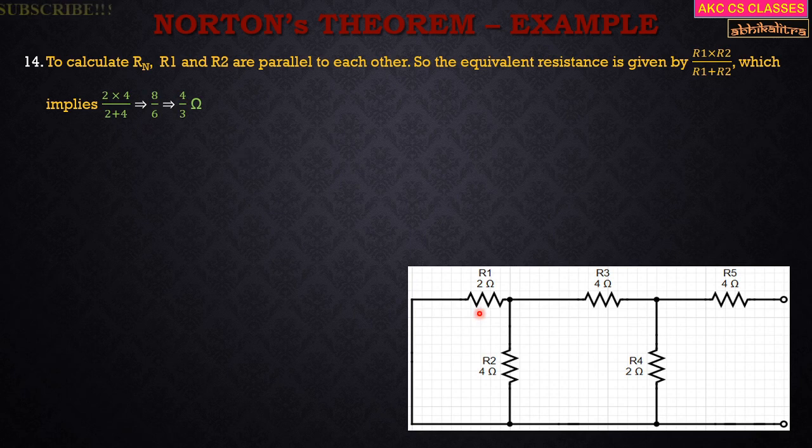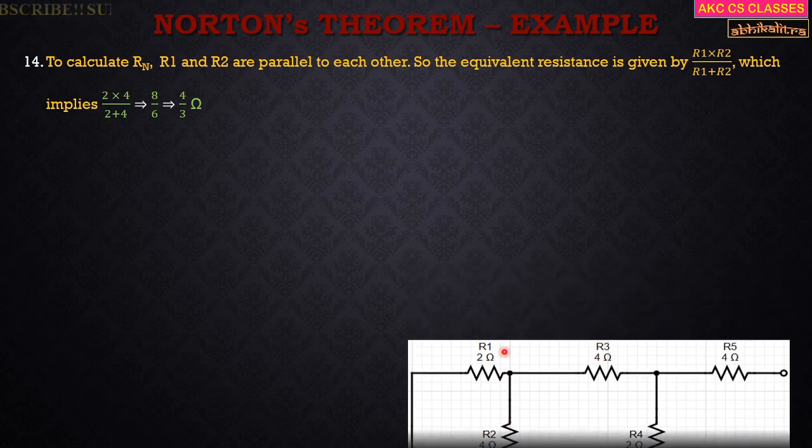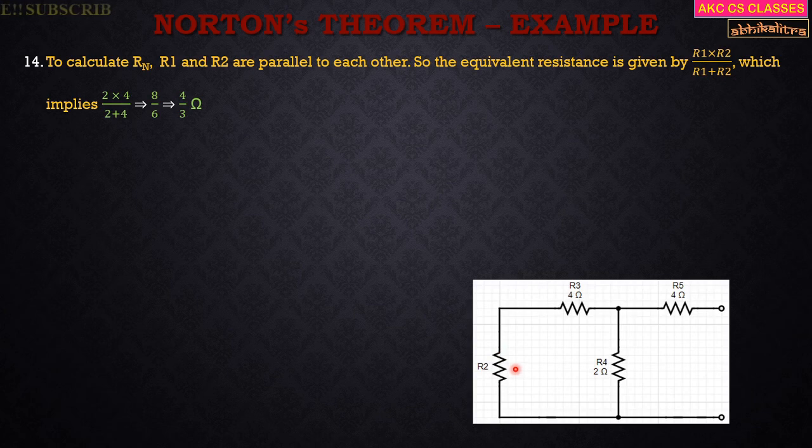So these two resistances are combined into a single resistance, which I have labeled as R2, and R2 has an equivalent resistance of 4 by 3 ohm, right? I have assumed R2 as the new equivalent resistance for the resistors R1 and R2.